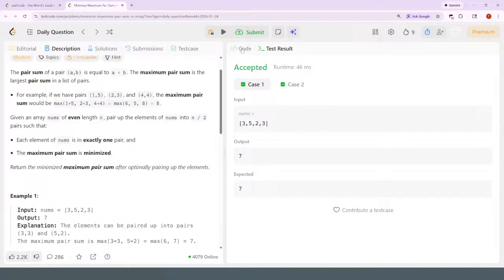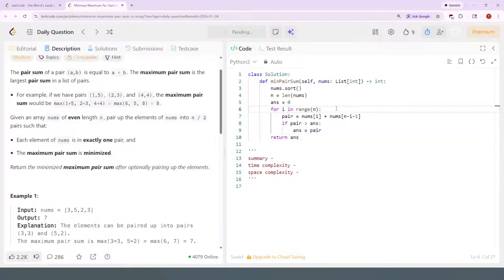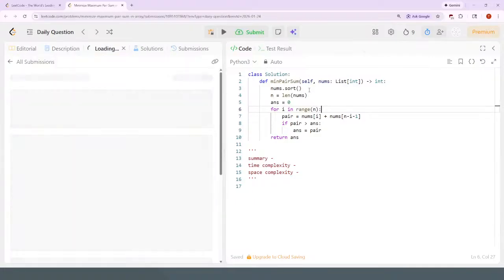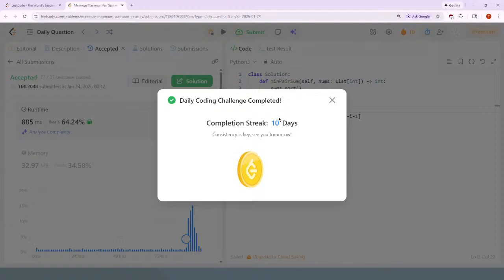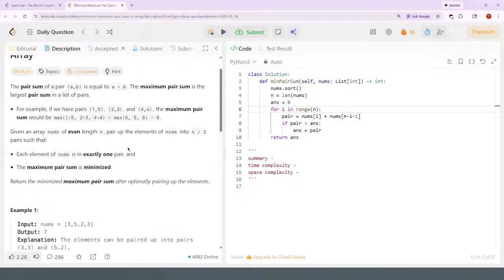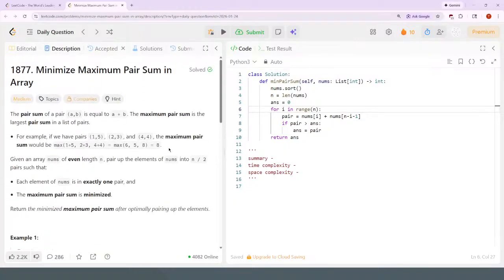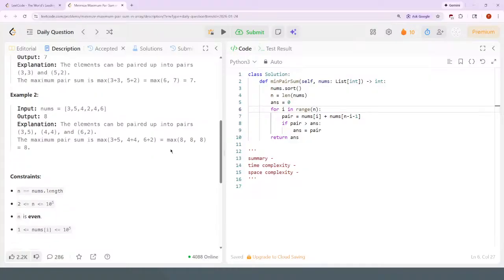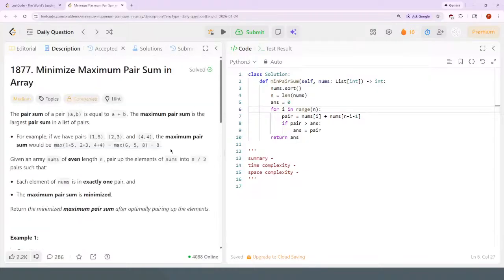I don't understand if this is the correct answer. This is crazy. I think this is crazy.